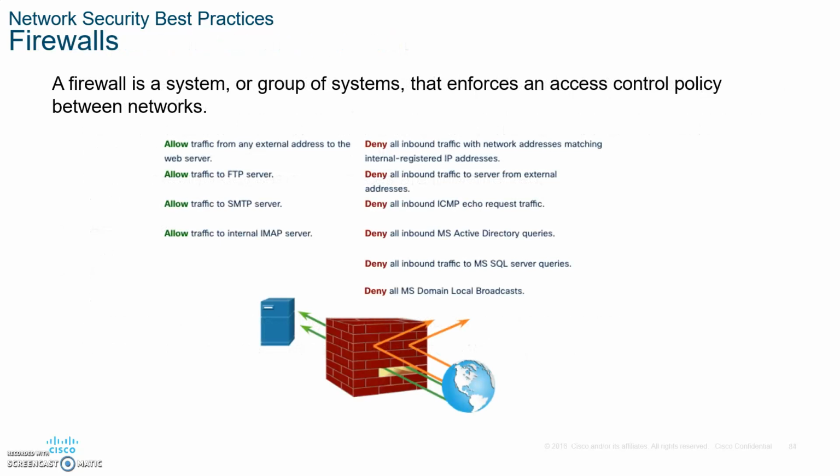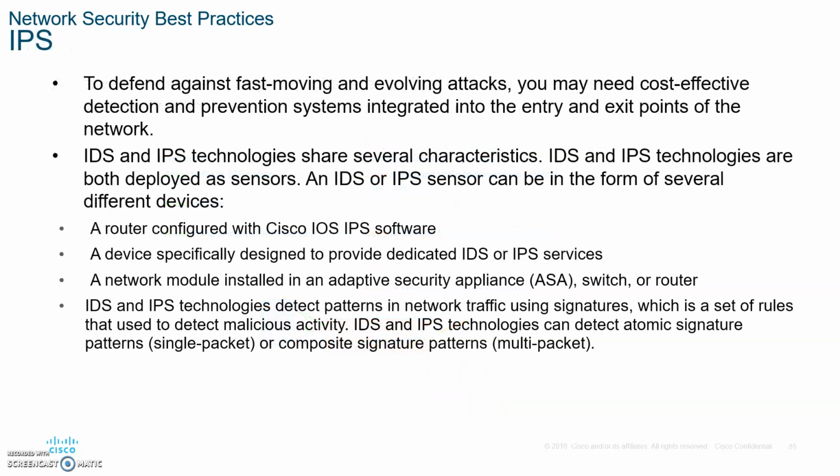Firewalls are like security guards. We've been discussing that when we discussed ACLs, right? That either permits or denies traffic according to a list, an access list. You can buy its own appliance, or you can have the router. If you have a small enough network, you can use the router to act as a firewall. But if your network is large, it's probably preferable that you have a separate appliance for that.